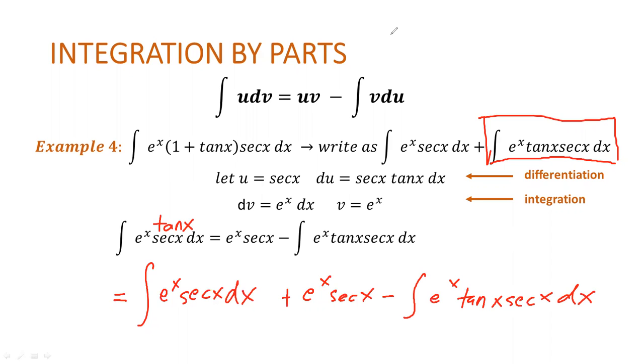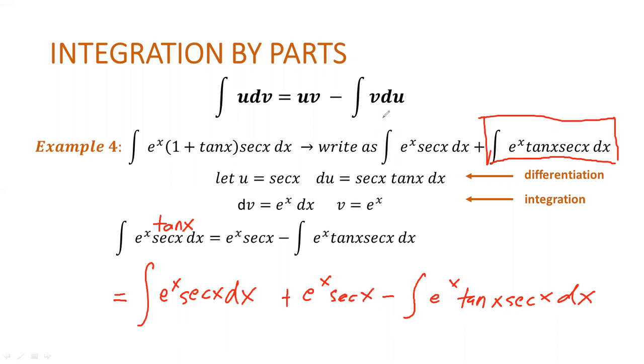This one I copied. So this is the e raised to x secant of x dx. This one was copied, but that one is already the answer. And you have this particular integral. It's still an integral. Now what will happen to this one?